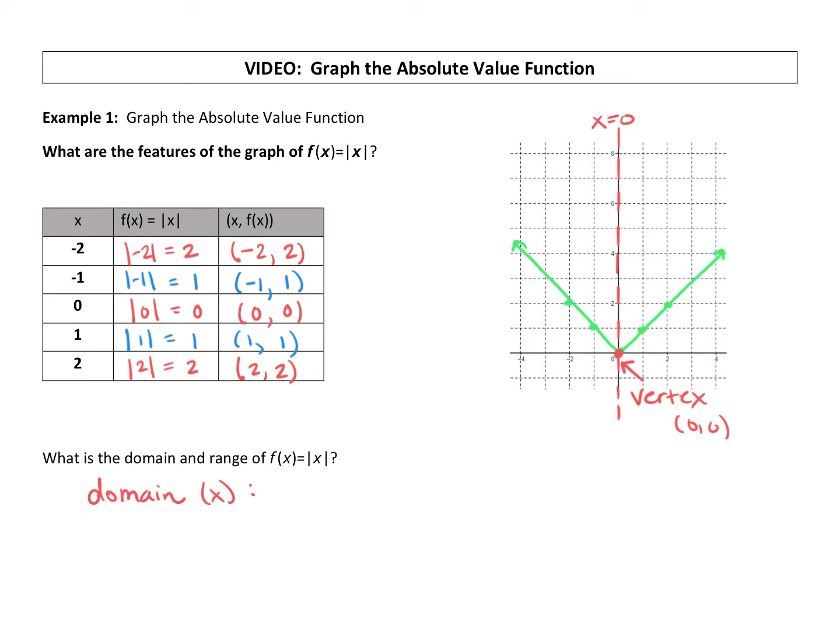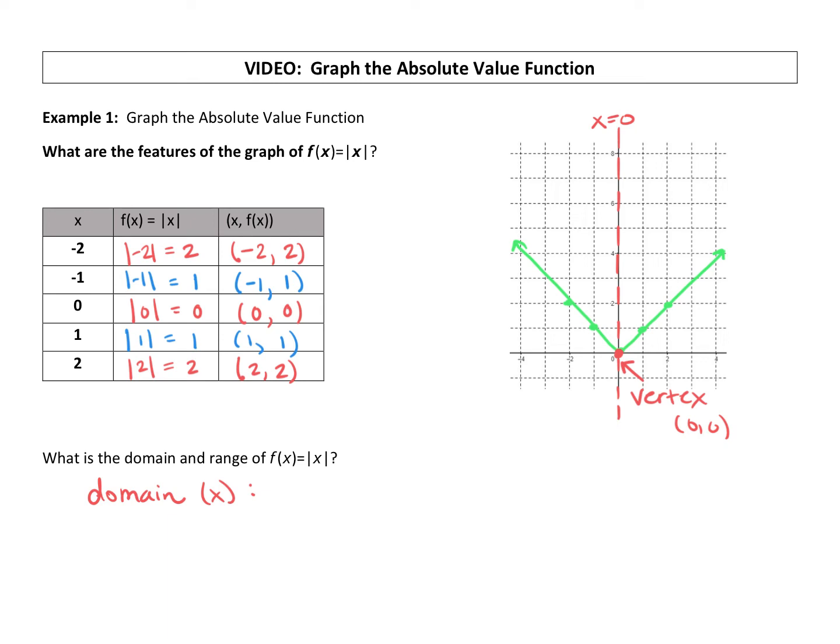If you look at the function itself, absolute value of x, can we plug in any x value? Can you plug in negative numbers, take the absolute value? Can you plug in a 0 and take the absolute value? Can you plug in positive numbers and take the absolute value? And yeah, mathematically, you can plug in all those numbers for x and it'll work out.